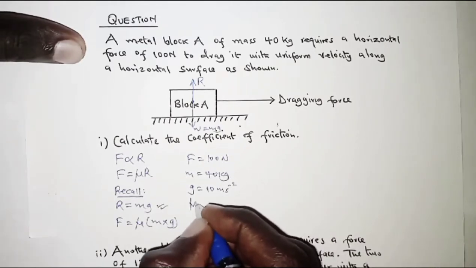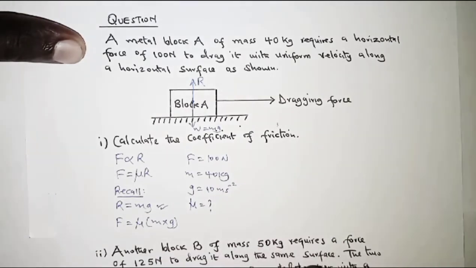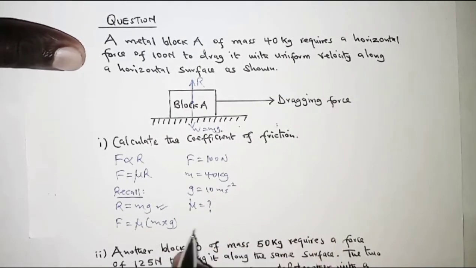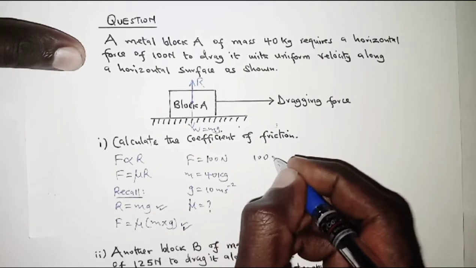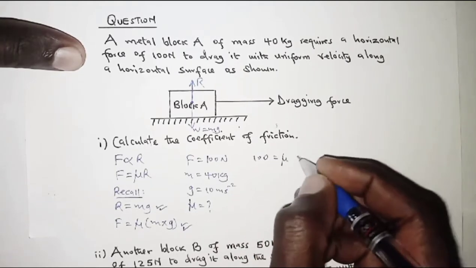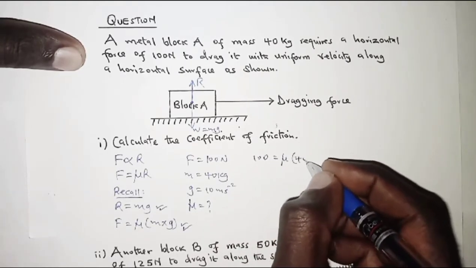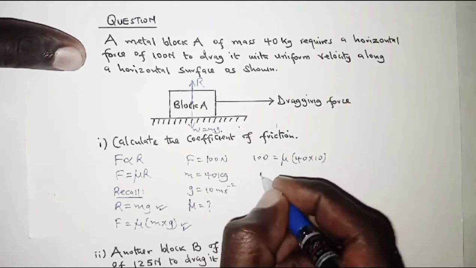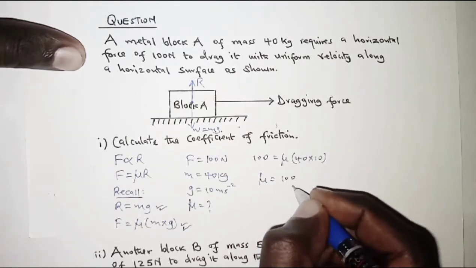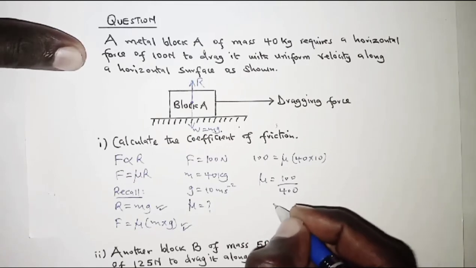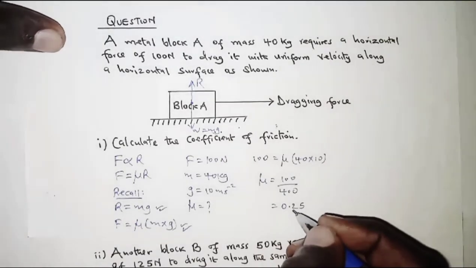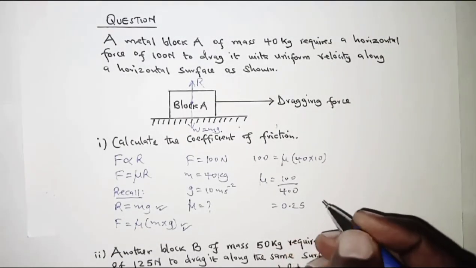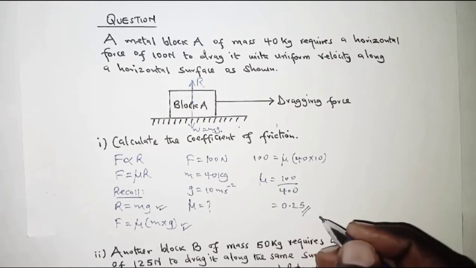So what is missing is mu, the coefficient of friction. Doing our substitution in this formula, we have 100 is equal to mu times 40 times 10. So mu is 100 over 400, and that is 0.25. So that is the coefficient of friction.